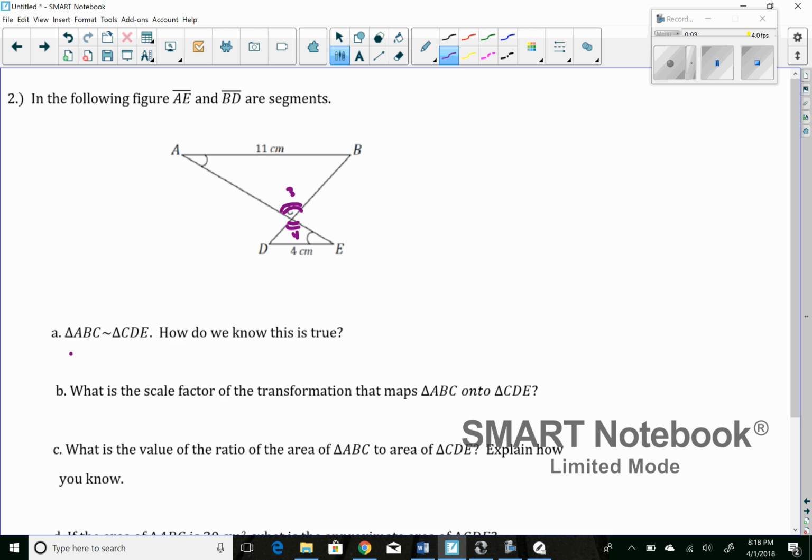So I could say angle 3 and angle 4 are what we call vertical angles. I also know angle A is congruent to angle E. So triangle ABC is similar to triangle CDE by angle angle.